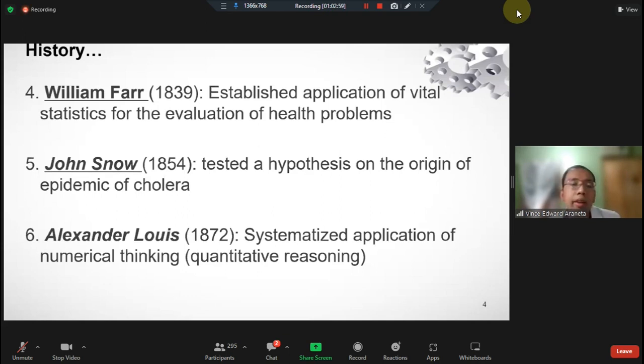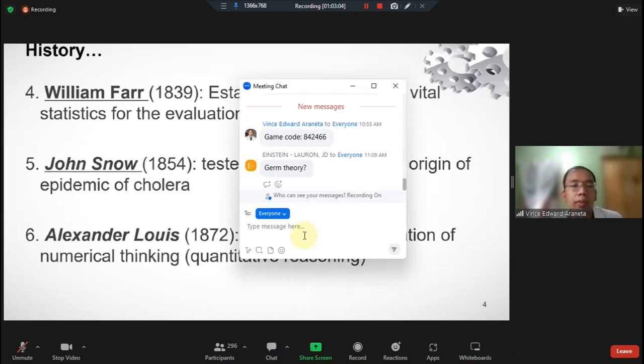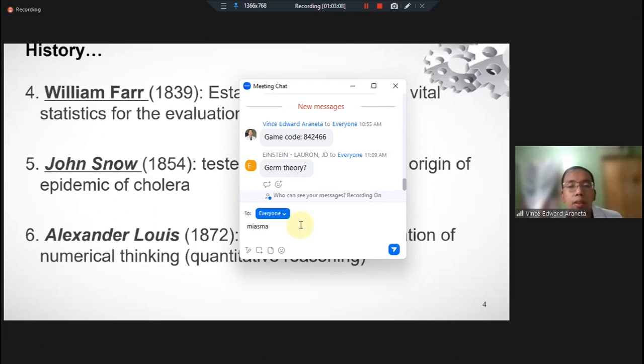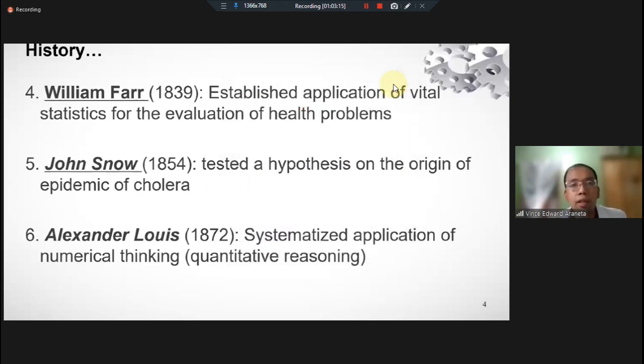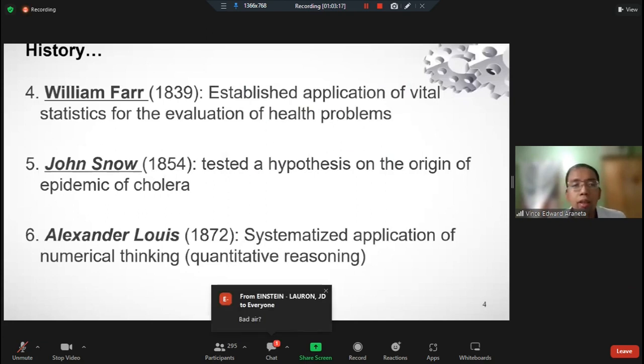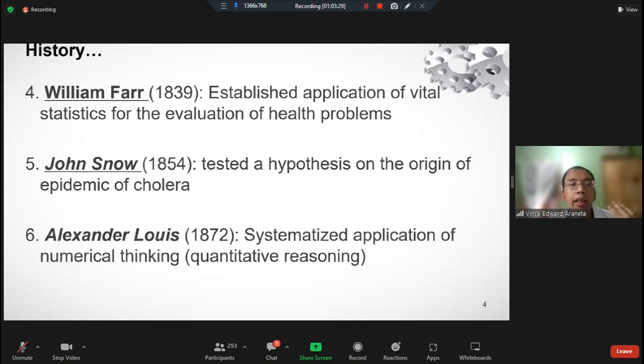Germ theory could be one of those disease causation theories. But that's actually the miasma theory. I don't know if you're familiar with miasma theory, or if it has been emphasized in your PCM in your undergrad. Even before the time of Dr. John Snow, they believed that disease was caused by inhaling bad air called miasma.